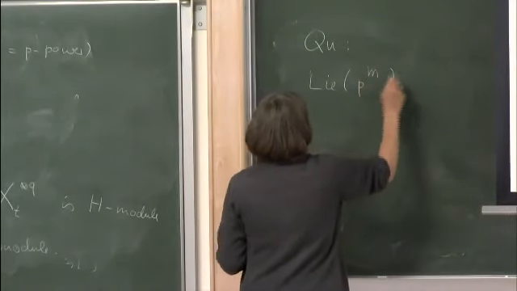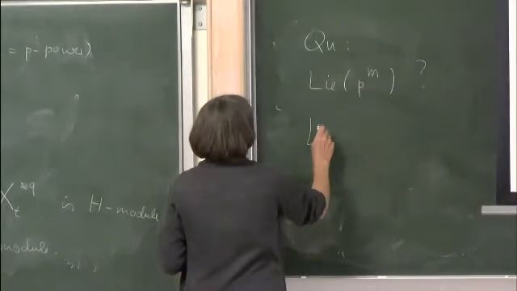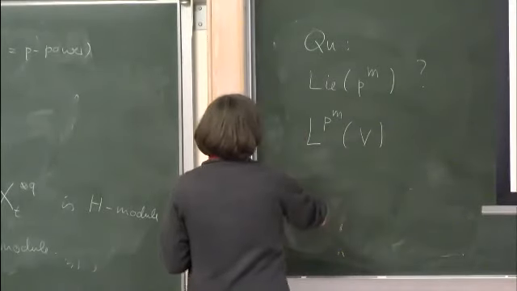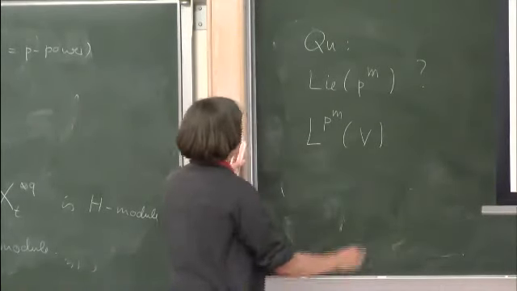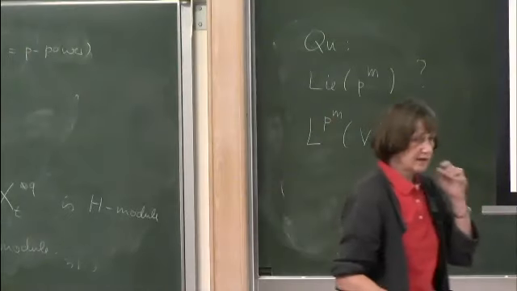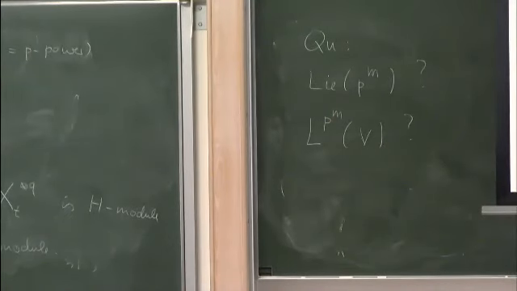And of course, it's the same thing. You would like to know Lie_{p^m}(V), and you have reductions to these things, and that's of course what you would really want to understand, and that's where the main problem lies.